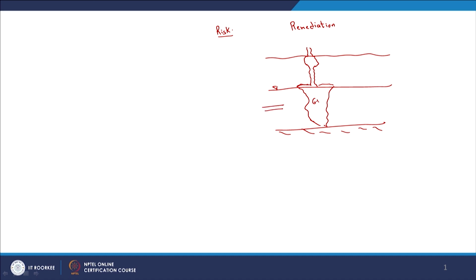As groundwater flows, you are going to have a contaminated plume, and in this region you are also going to have contaminated soil.